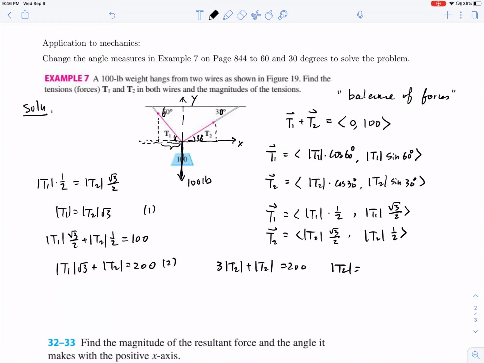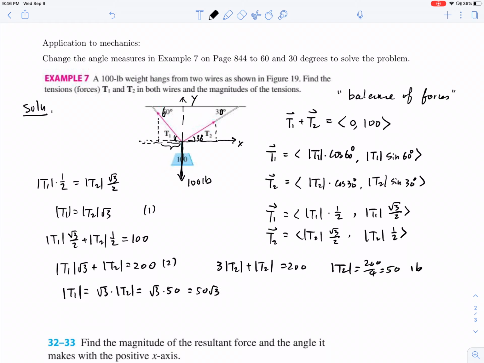T2 is going to be 200 divided by 4, and it's exactly 50. That's 50 pounds in the units. Now, if T2 is 50 pounds, then T1 is going to be root 3 times T2, that's root 3 times 50, or just reverse it as 50 root 3.